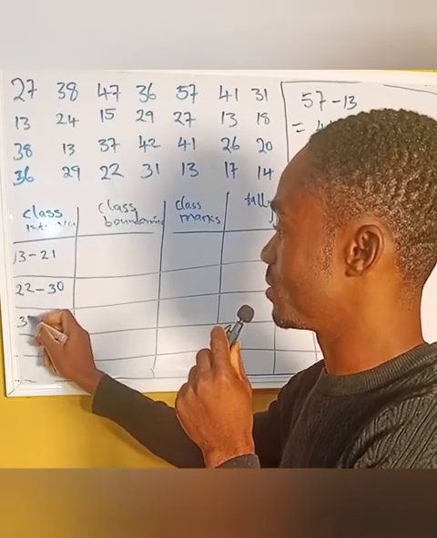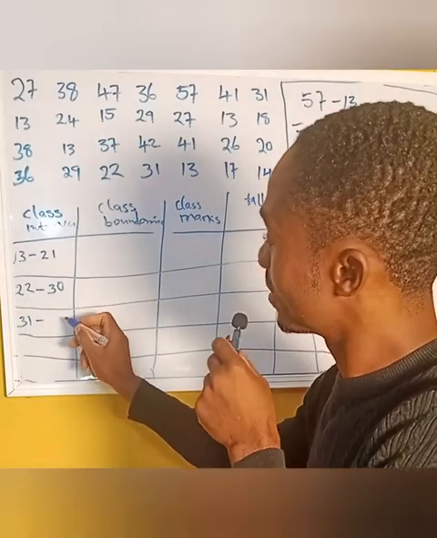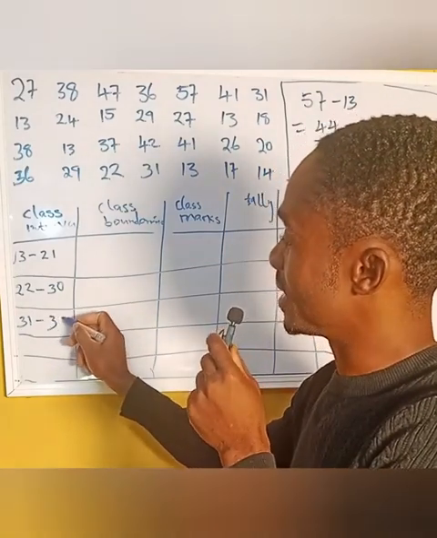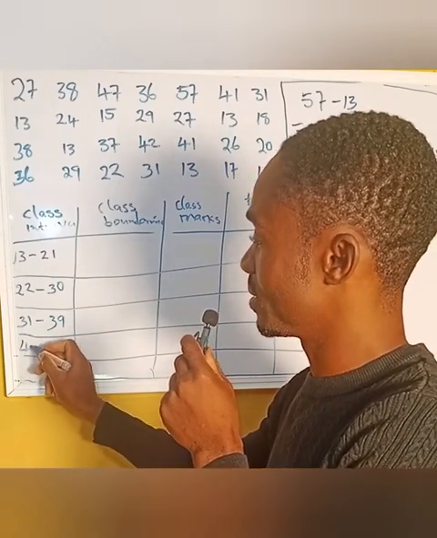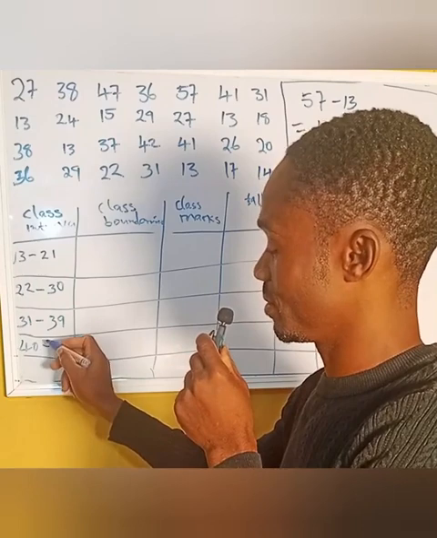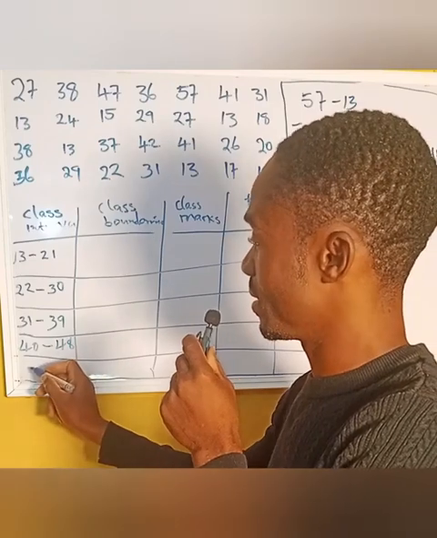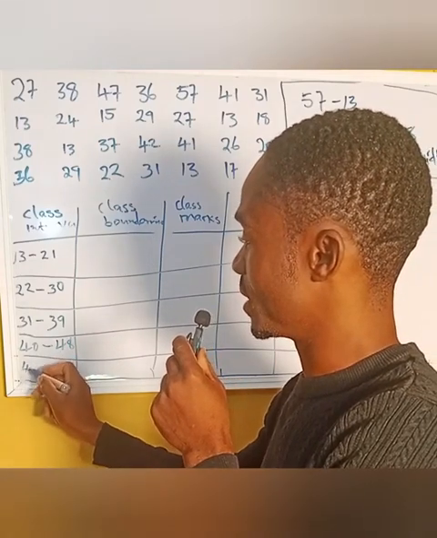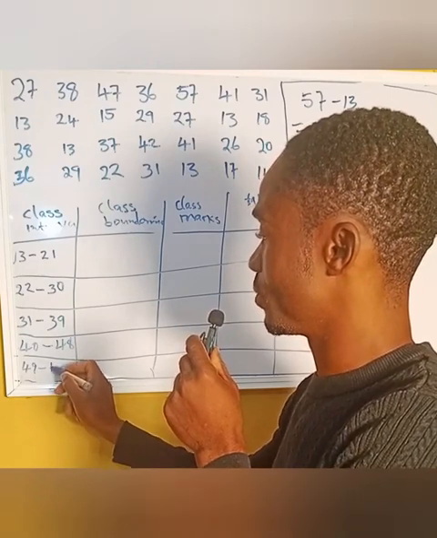You have 31 to 39, then from 40 to 48, then 49 to 57.